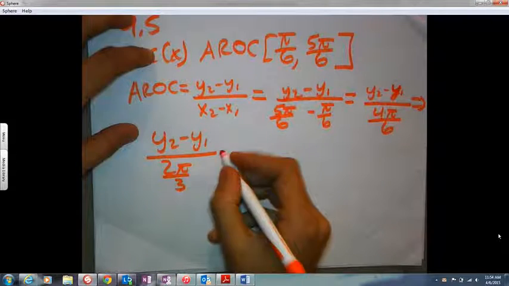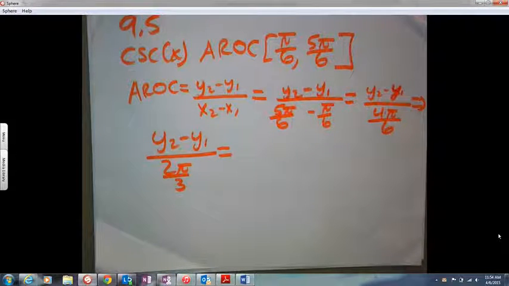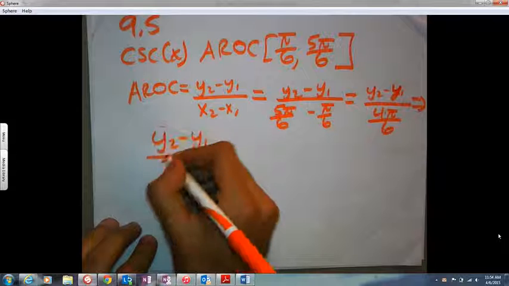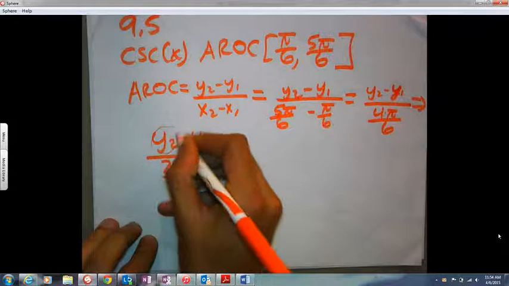How do I find y2 and y1? Omar, how do I find y2 and y1? So I will look at the unit circle, but what is y2?